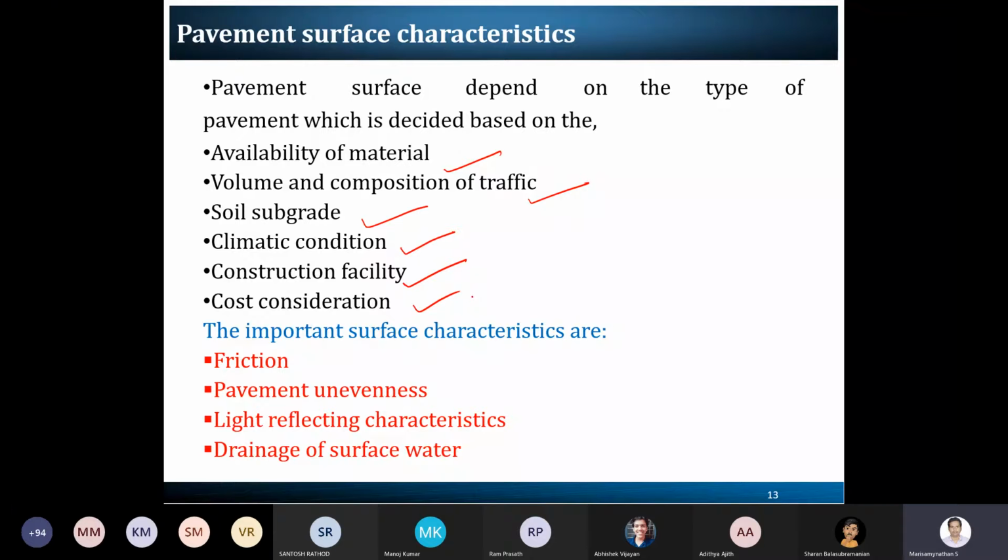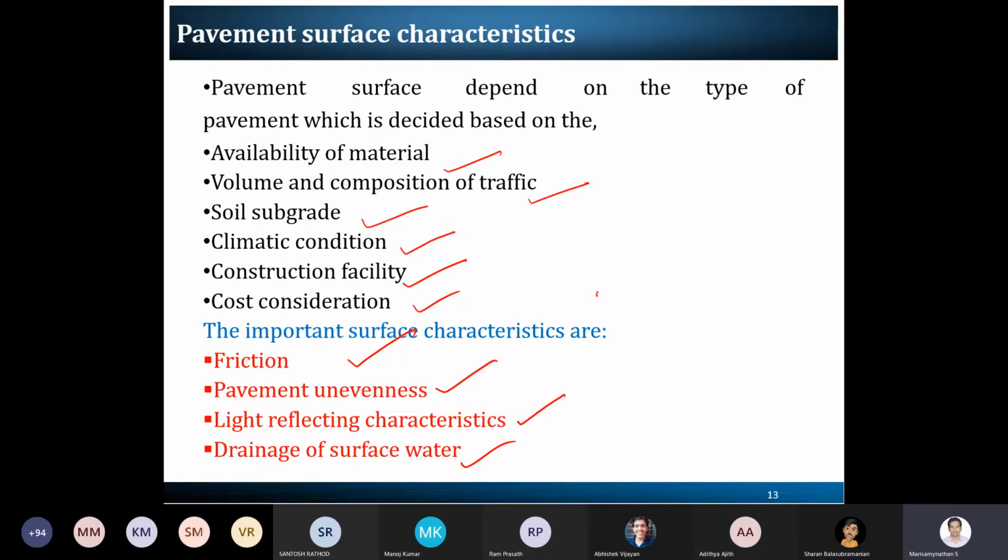Okay, and the surface characteristics are very important because they influence friction, pavement unevenness, light reflecting characteristics during the night time or foggy time or rainy time, and the drainage of water from the surface. So when we are not providing all these things properly, there is a high possibility of skidding or slipping of the vehicle.